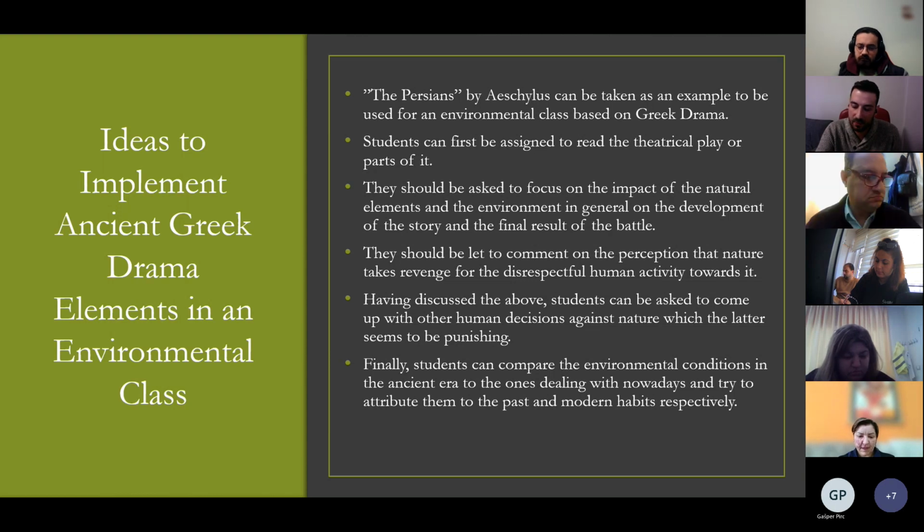This task could probably make them realize any difference in the way that we take advantage of our land, of our planet, and attribute the very severe environmental problems that we have to deal with nowadays to the way that we are using our planet and our environment.